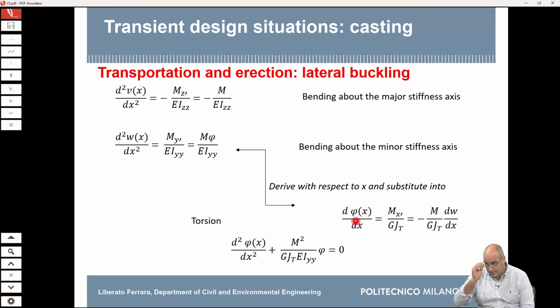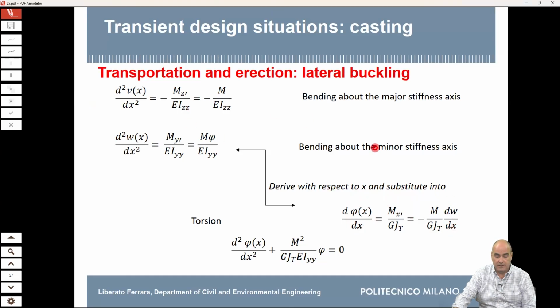So just calculate the derivative of both members of the third equation and replace the second derivative of w into here. So if you differentiate this equation once, then you will have the second derivative of w here.